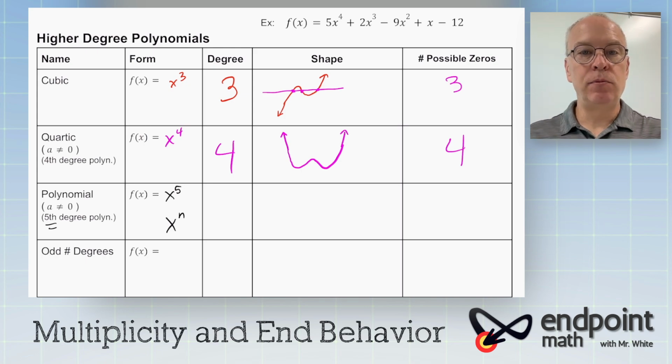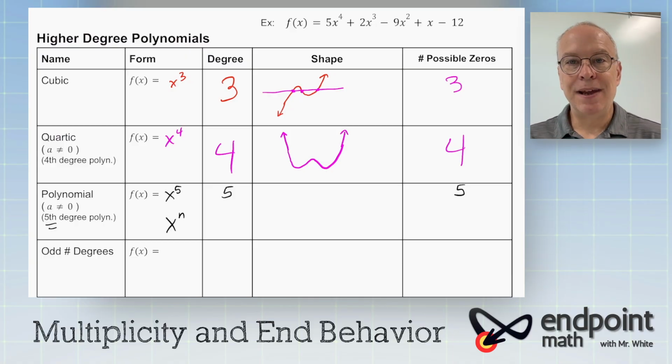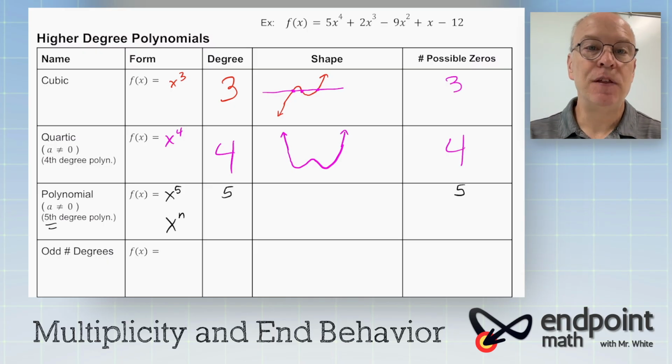So x to the 5th, this is degree 5. This could have 5 zeros. It's called a quintic, but we don't call it a quintic, frankly. We just call it a 5th degree polynomial.